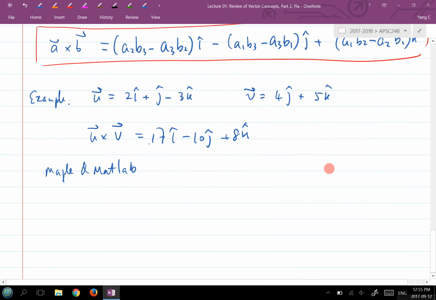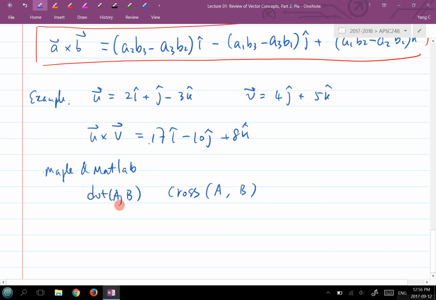MATLAB seems to be very popular now. You can simply use cross, and then A and B, to calculate the cross product between the two vectors. For the dot product, it's basically dot and A comma B.